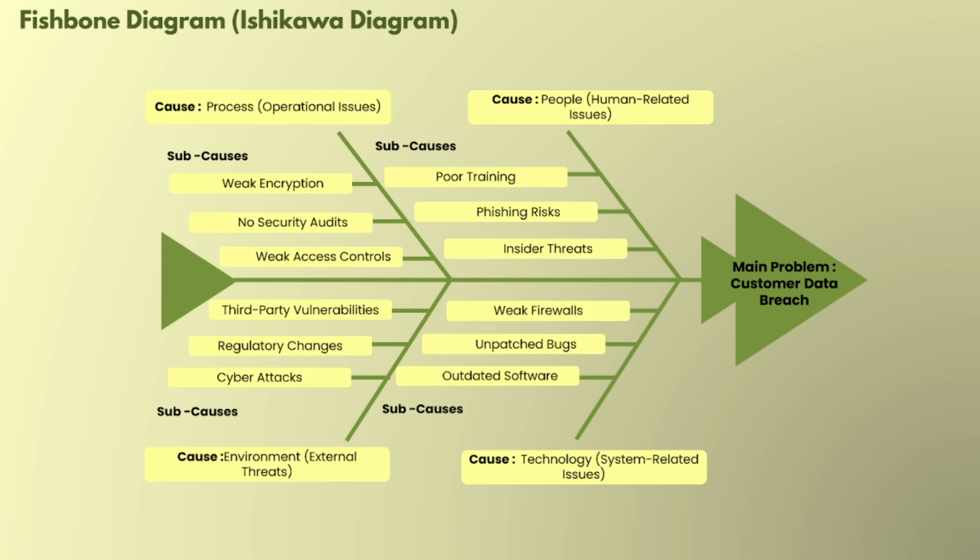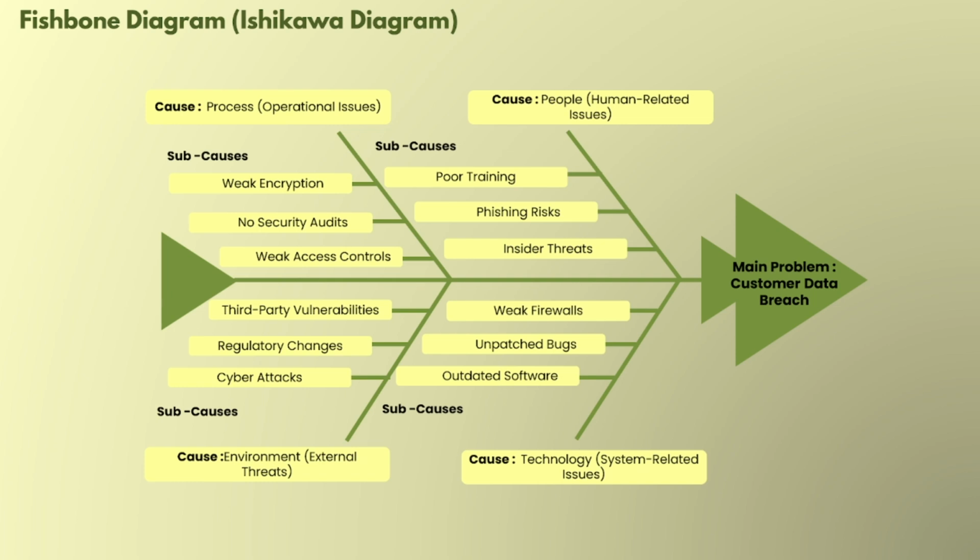In this way we can say that fishbone diagrams are super useful when we are trying to figure out all the possible reasons a problem might happen. It breaks things down into categories like people, processes, tools and environment. It helps us visually map out root causes, making it easier to spot where the risks are coming from.